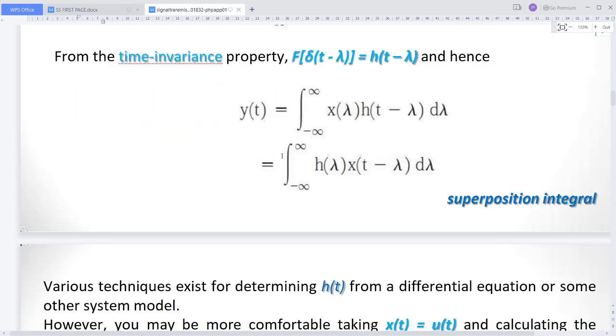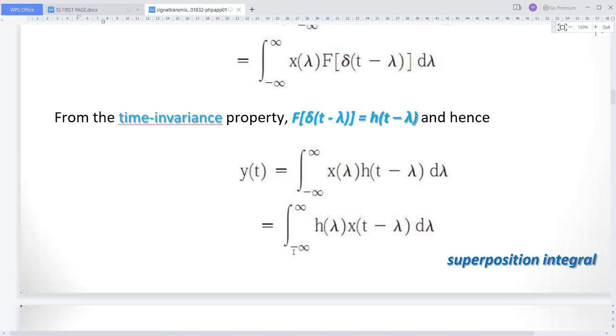So that we can have y of t equal to the integral from minus infinity to plus infinity of h of lambda into x of t minus lambda. By making use of the convolution property, I can replace these two terms with the independent variable interchanged.